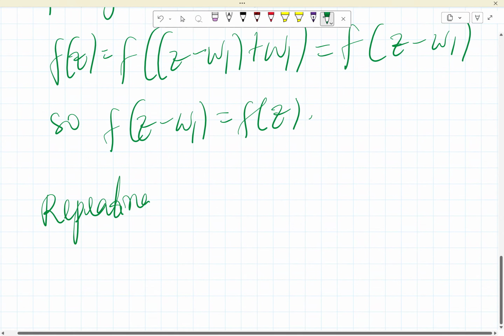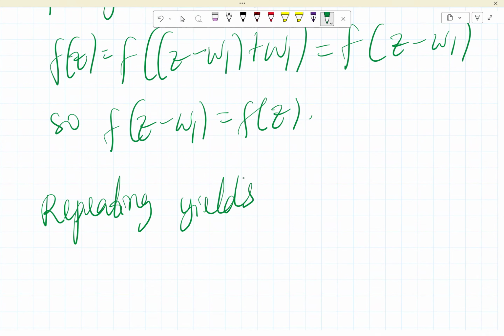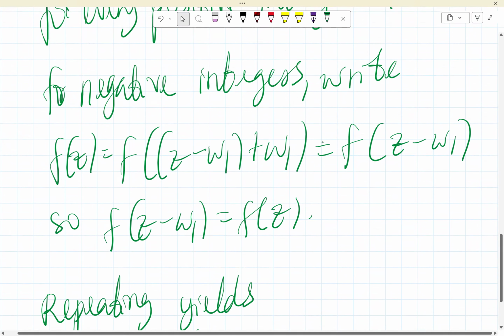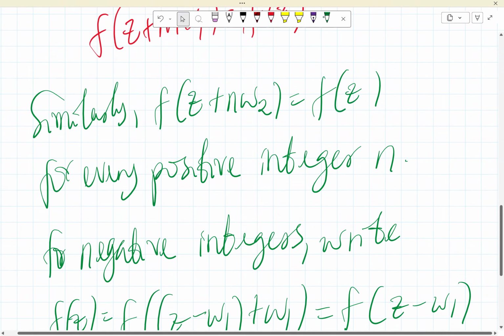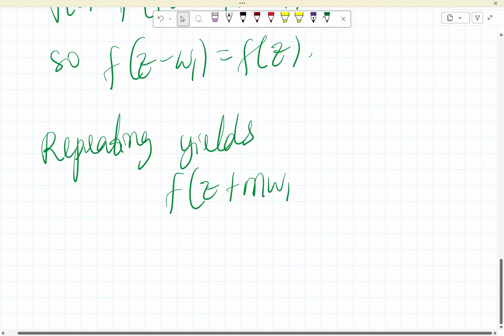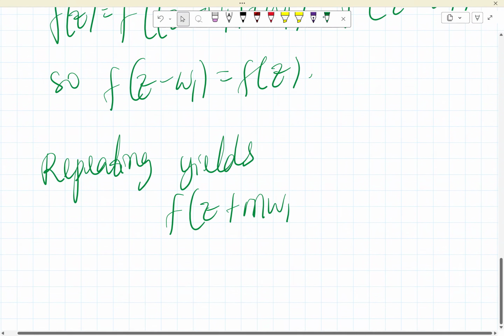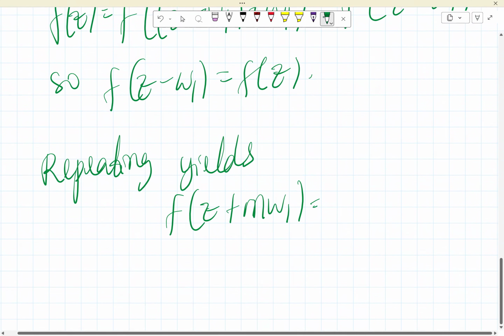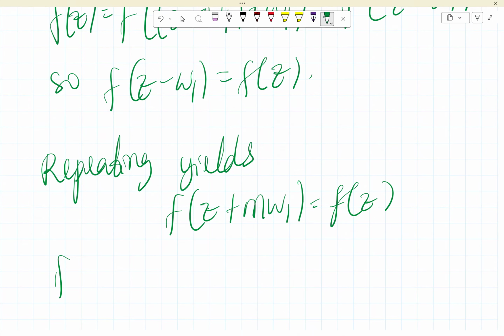Repeating this yields f of z plus m omega 1 equals f of z for all integers m.